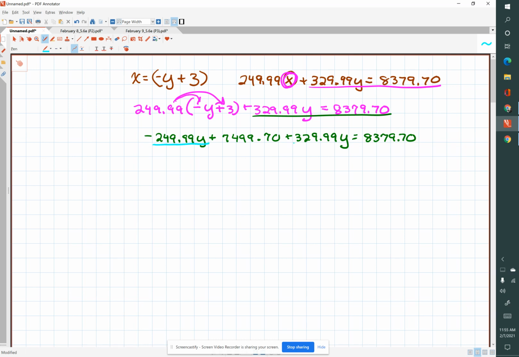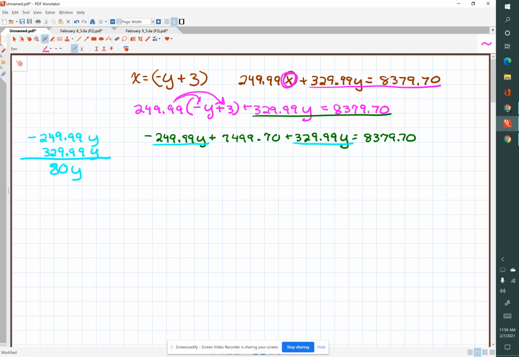Okay, next step is to combine like terms. We have a y value here and a y value here. When we add negative 249.99y to 329.99y, we get positive 80y.